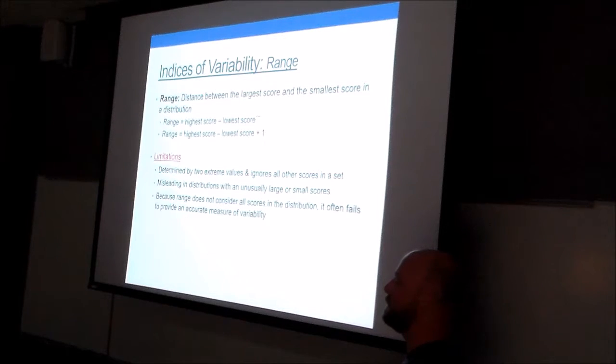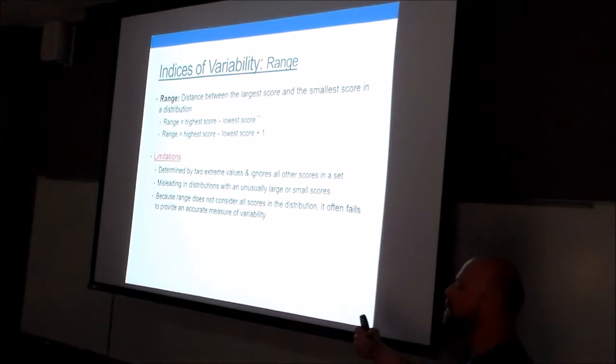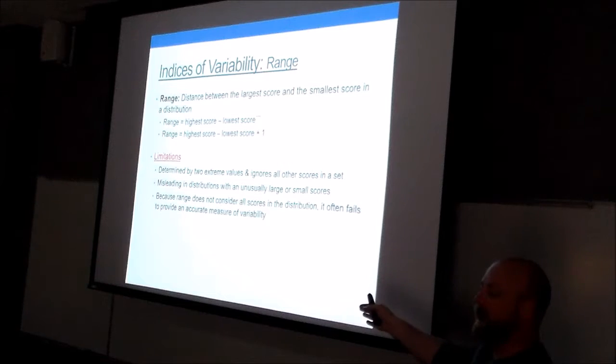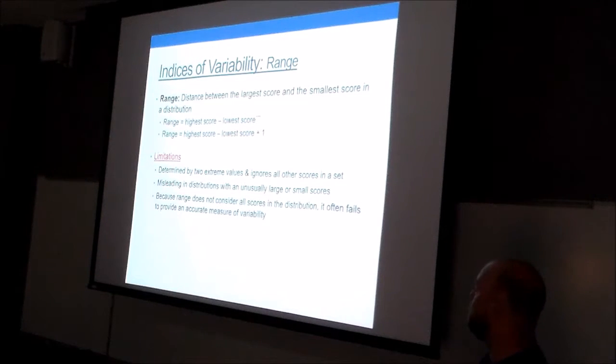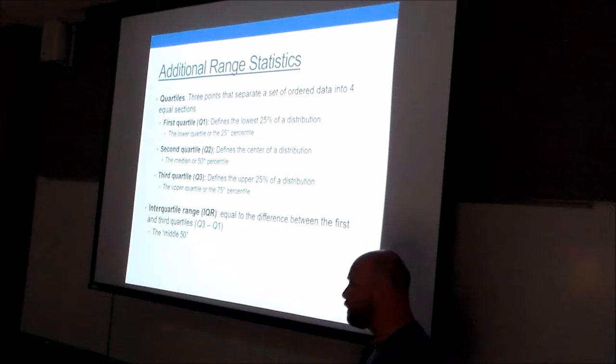The range in and of itself doesn't tell you that, though. A better way to represent range is to give people the lowest score and the highest score. If someone wants to calculate a range score, they can calculate that for themselves. But it is helpful to know what the high end and the low end are in terms of the distribution.